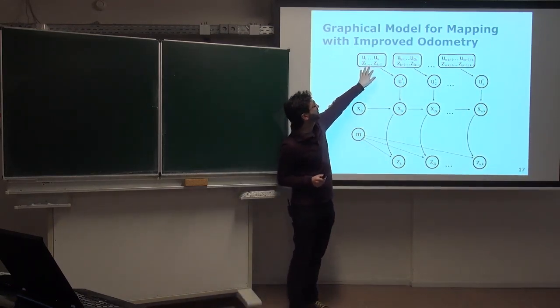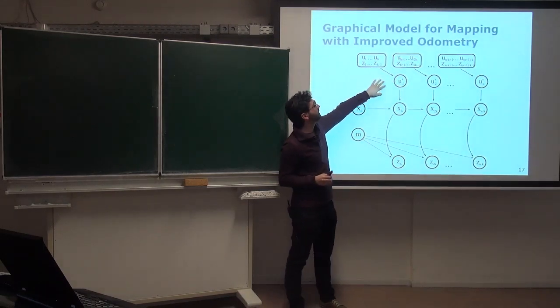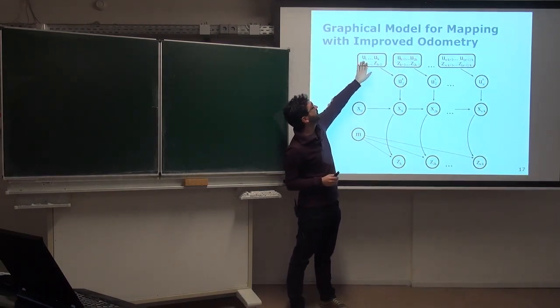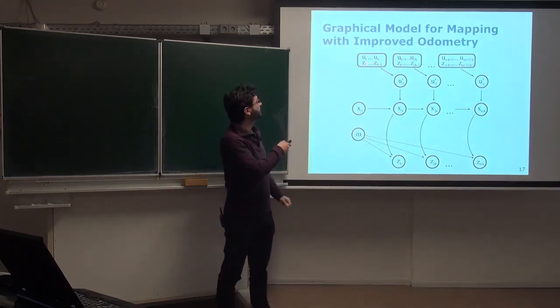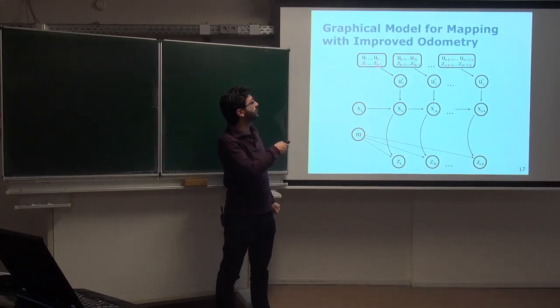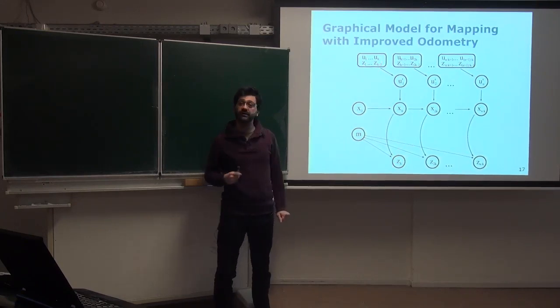And up here we can see that these U are now a function of a set of odometry and a set of measurements, okay? We use the measurements from 1 to k minus 1, because we still need the measurement at time k down here for the update of the particle filter.